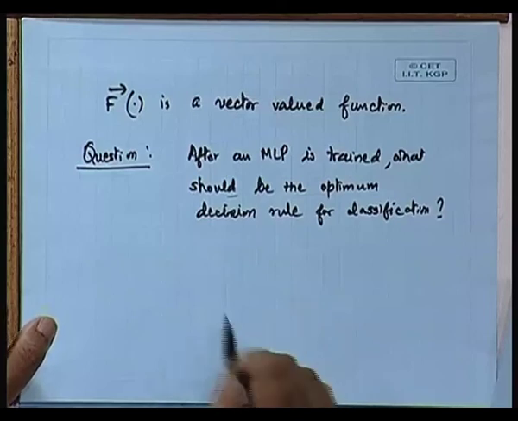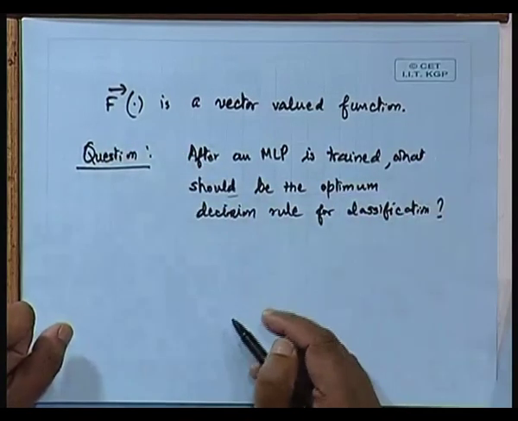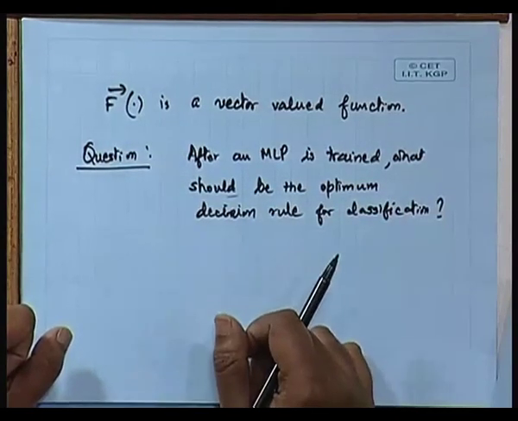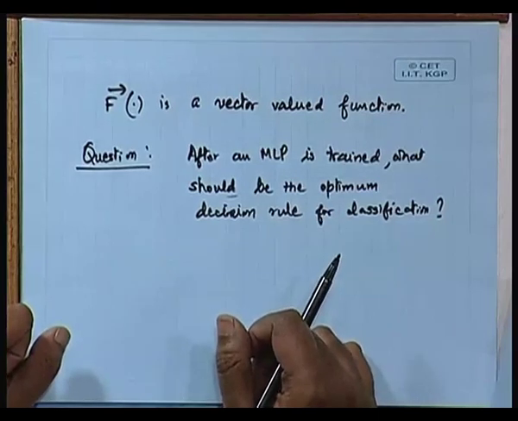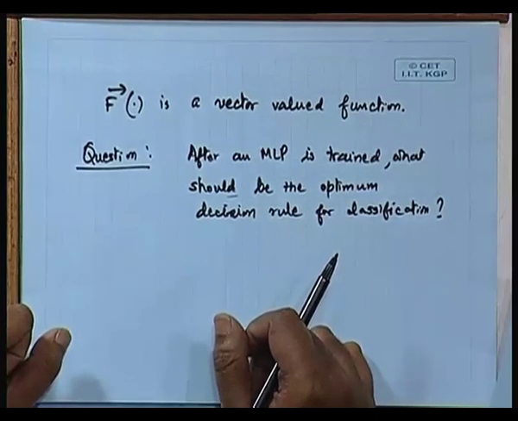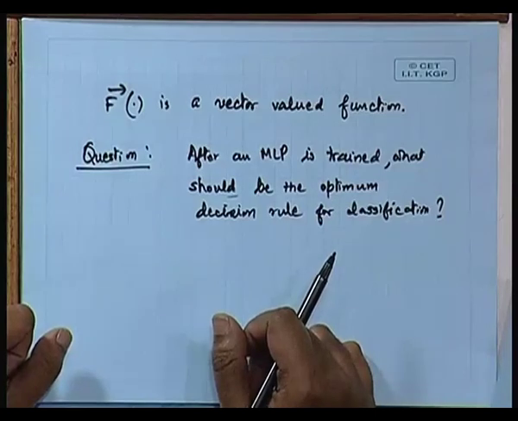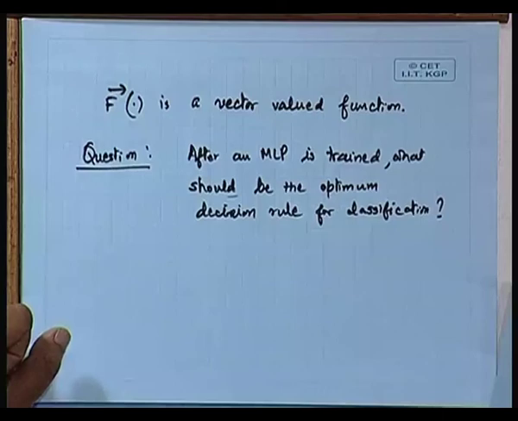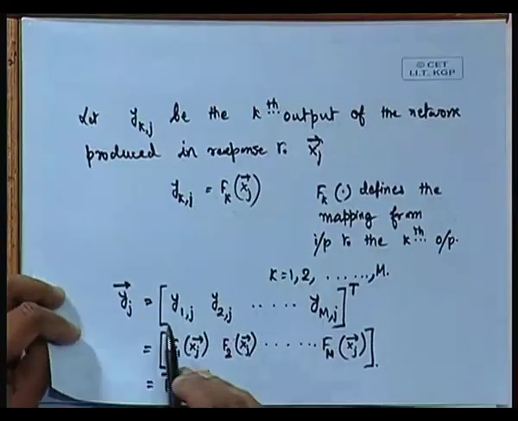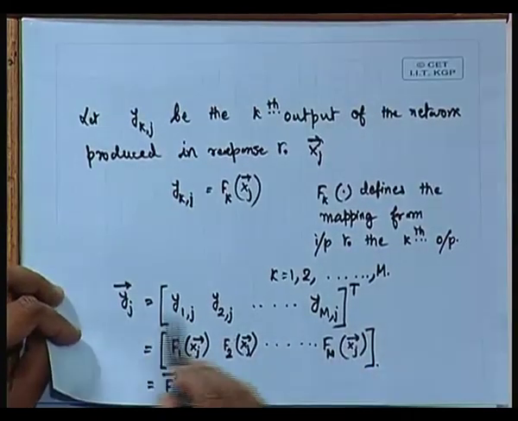Now, this f, which is a vector valued function, is definitely a continuous function. Just like the way we have defined an output vector, there will be a desired response vector also, because we are having m different outputs.